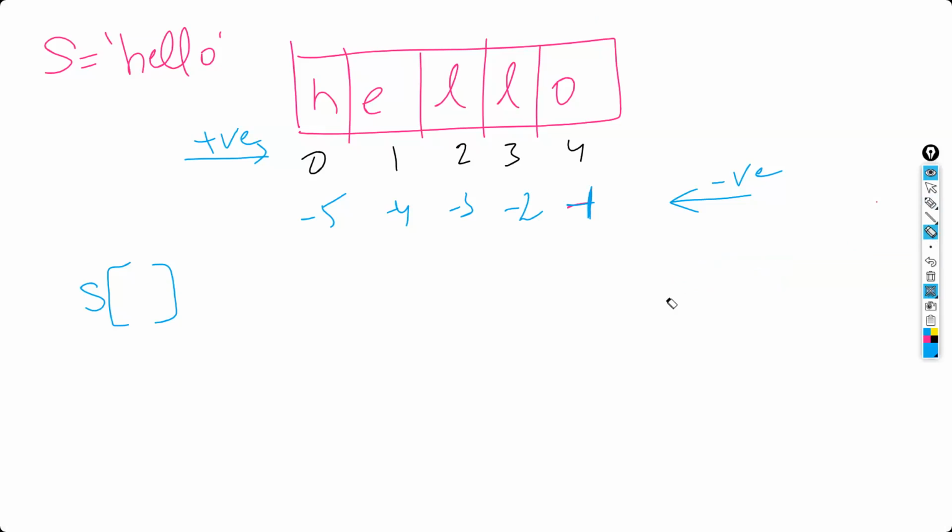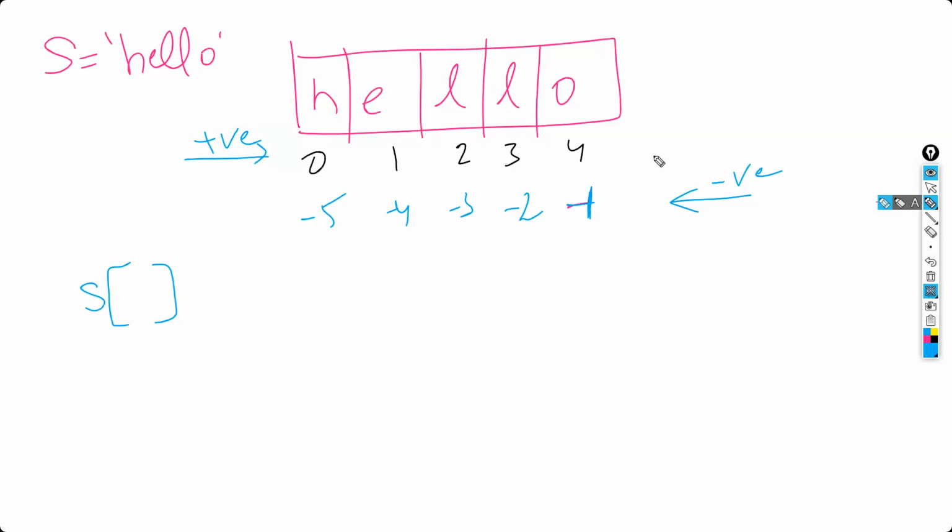For indices, we use s followed by square brackets. S is the variable name, not compulsory S only. In the square brackets, you write the index number you are interested in. Index numbers will be 0, 1, 2, 3, 4 only.